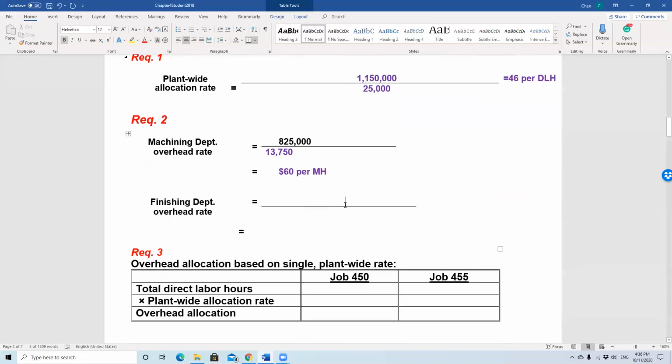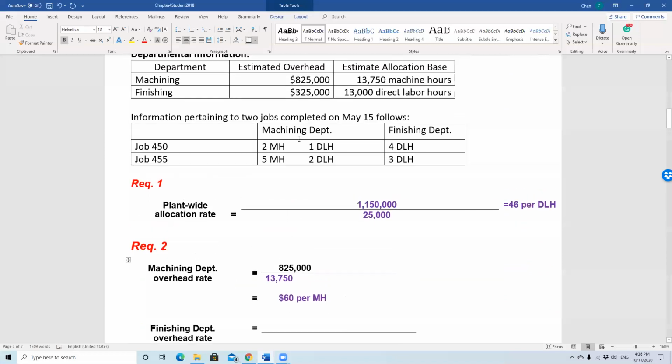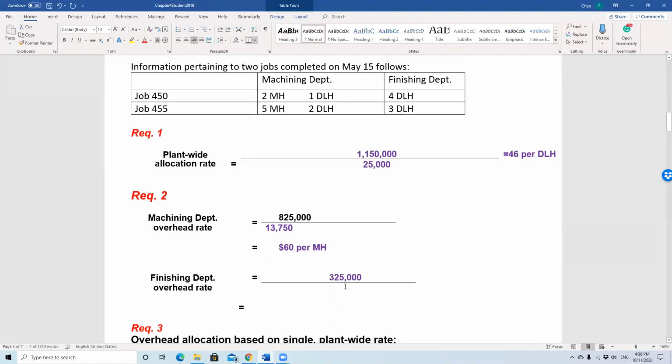The total manufacturing overhead is 325,000 divided by the estimated allocation base of 13,000, and the predetermined overhead rate is $25 per direct labor hour.